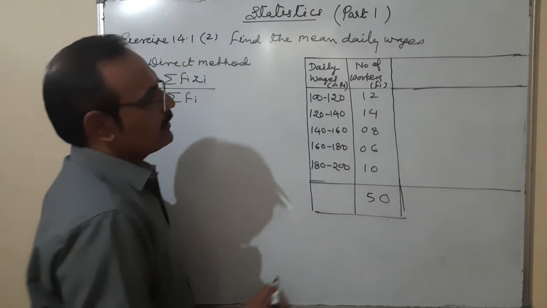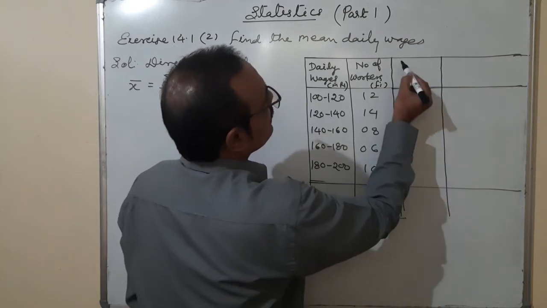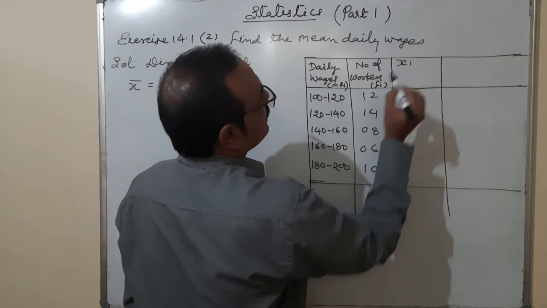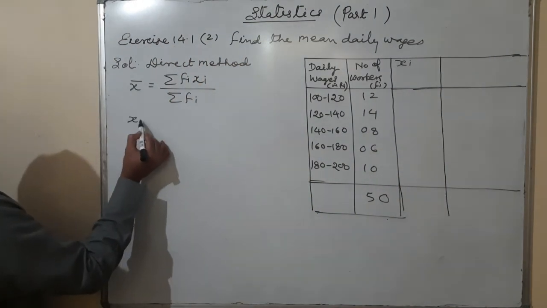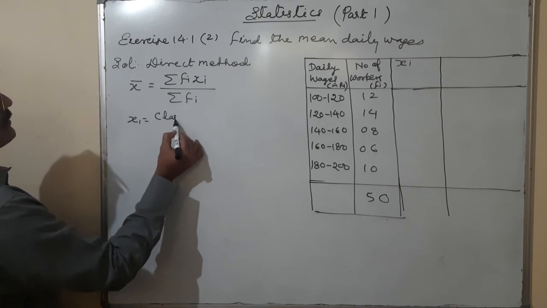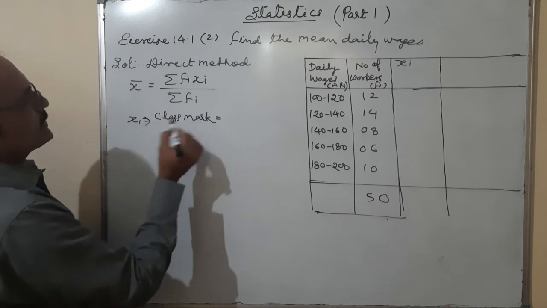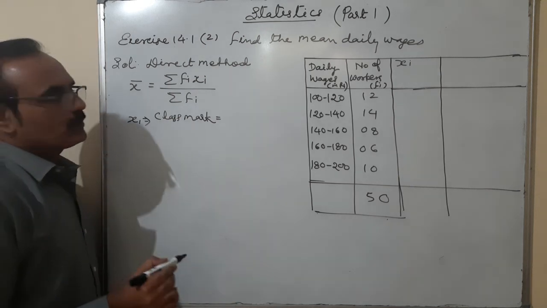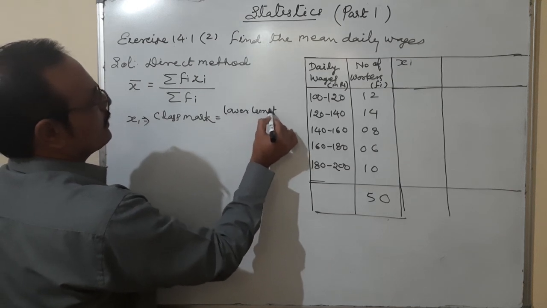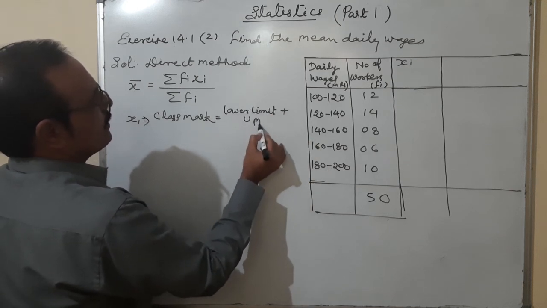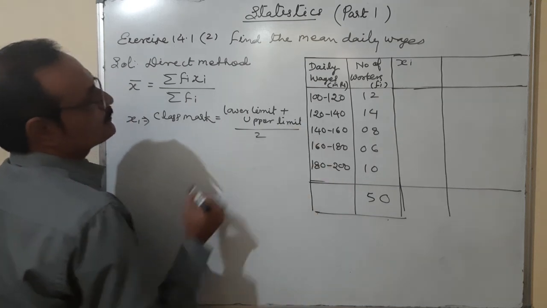What is xi? Xi is the class mark. I told you how to find the class mark: xi is equal to lower limit plus upper limit, divided by 2.